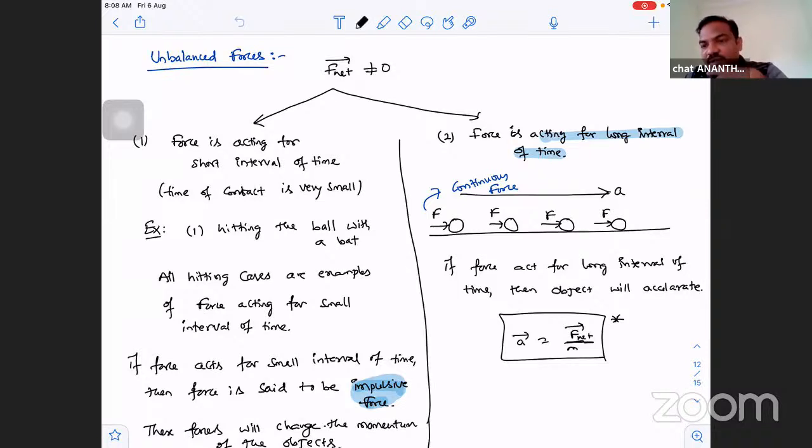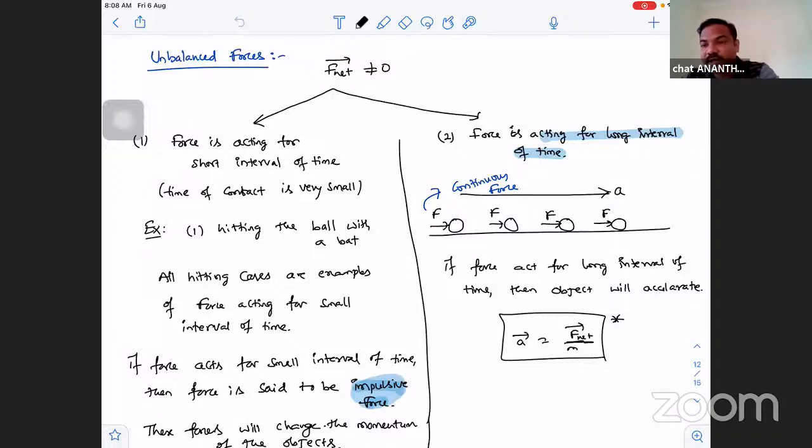Now, if net force is not equal to 0, we are applying a force on the body. If net force is not equal to 0, then you will get two cases. One case is force acting for a very small time interval. The second case is force acting for a long time interval.